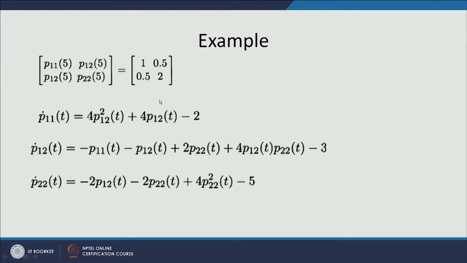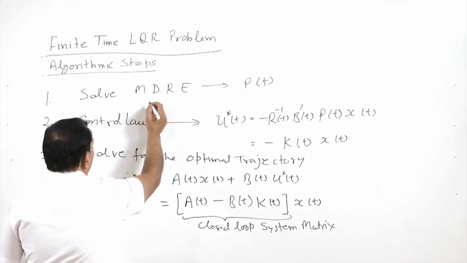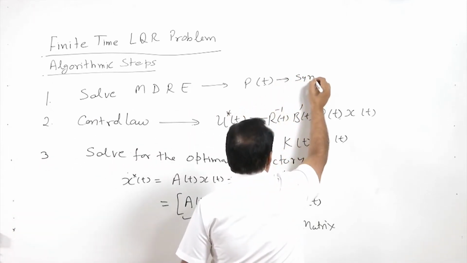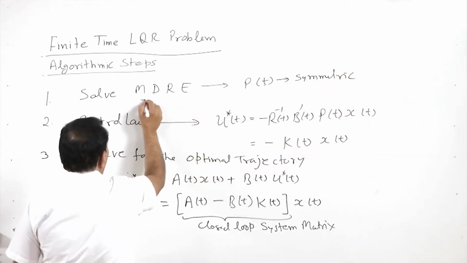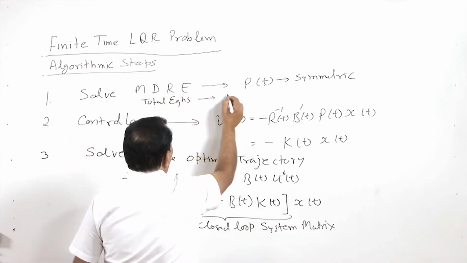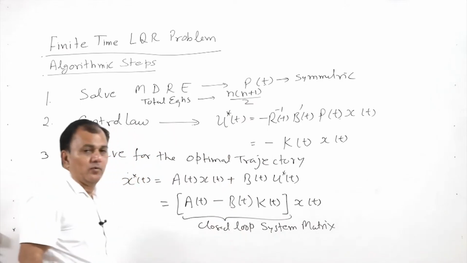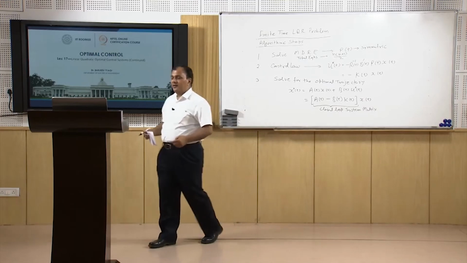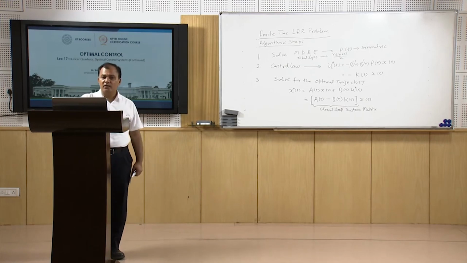For the total number of equations in matrix DRE, as PT is symmetric, the total number of equations will be n into n plus 1 by 2. So, for a second order system I will have 3 equations, and as the order of the system increases, the number of equations will increase.